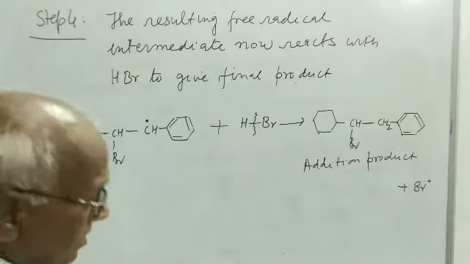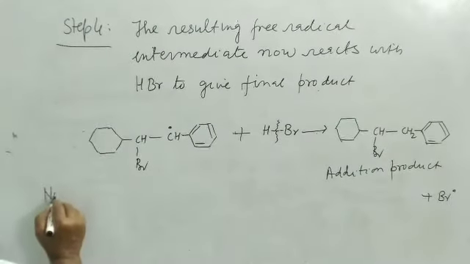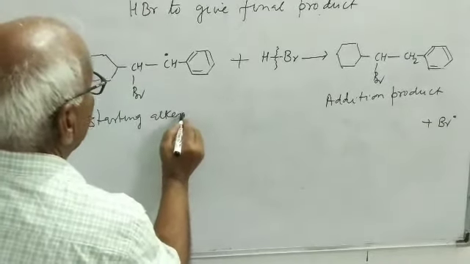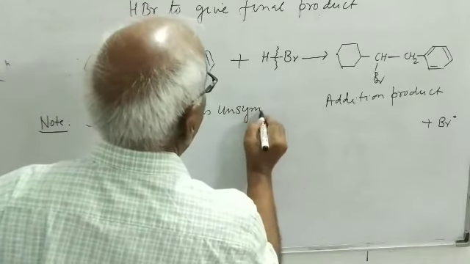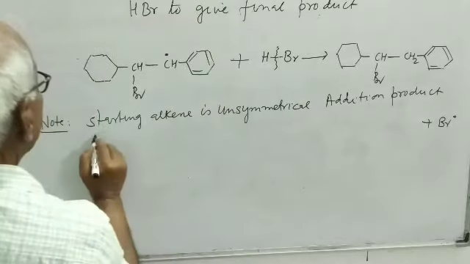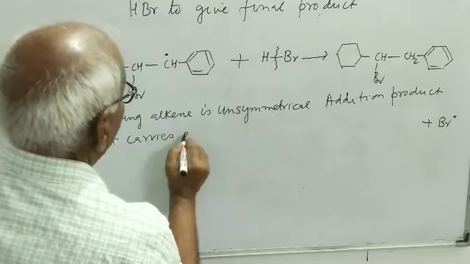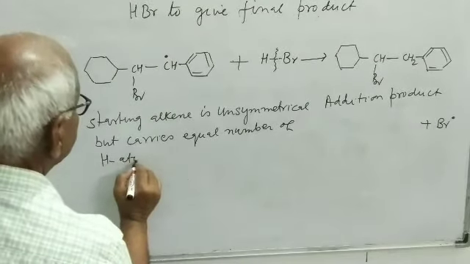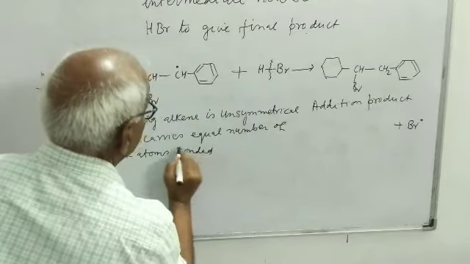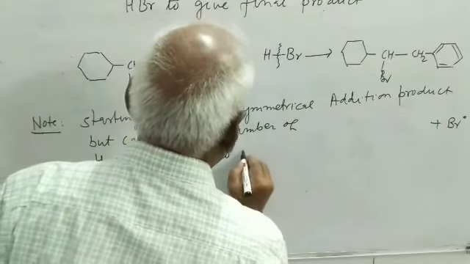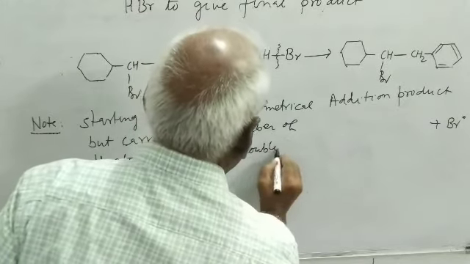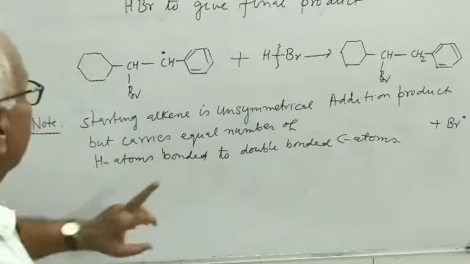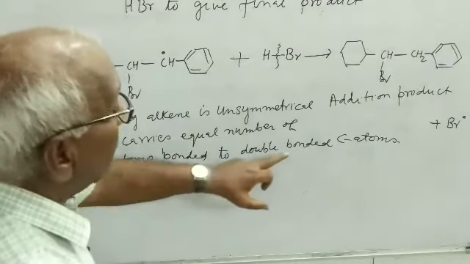In this example, the starting alkene is unsymmetrical, note the point. The starting alkene is unsymmetrical but carries an equal number of hydrogen atoms bonded to the double bonded carbon atoms.